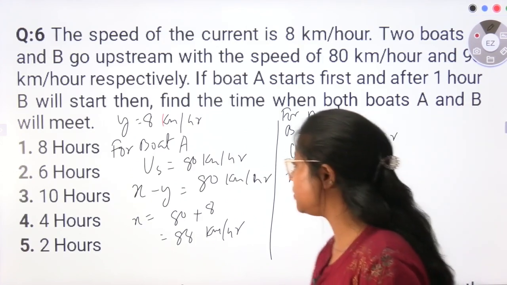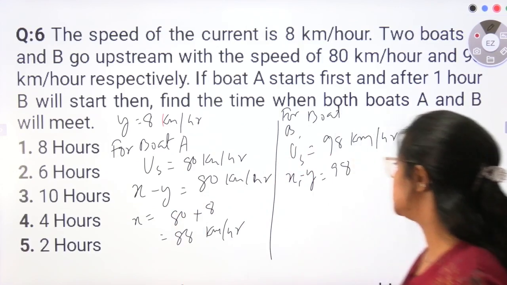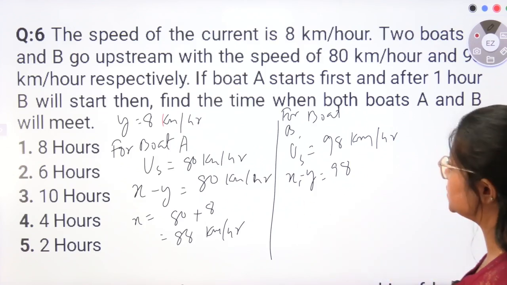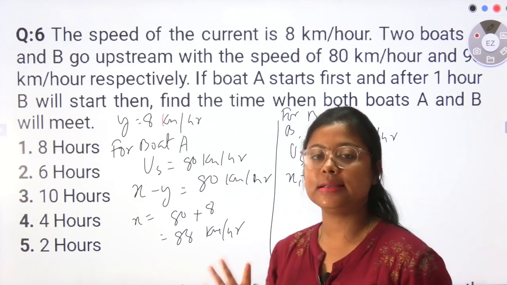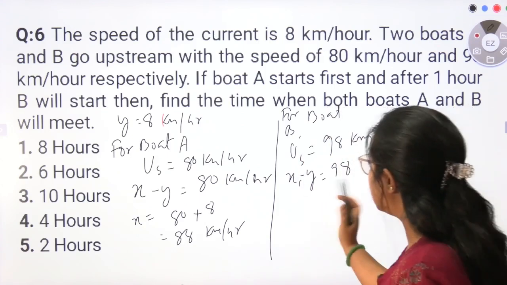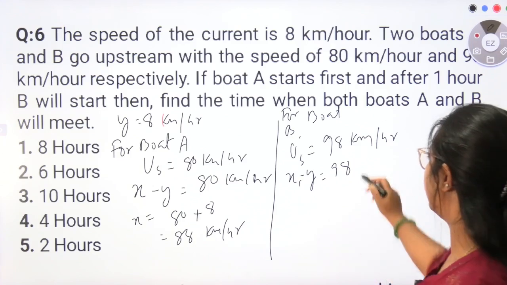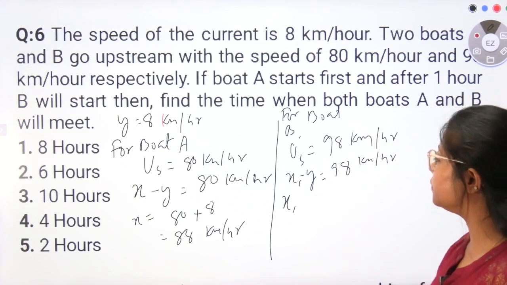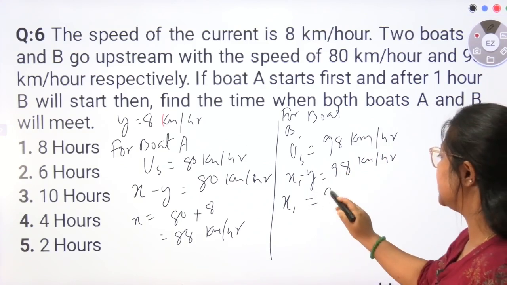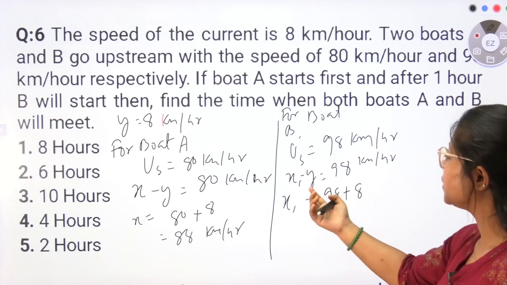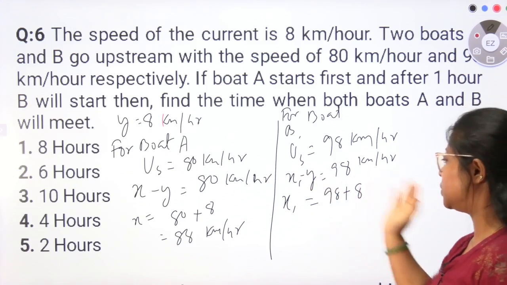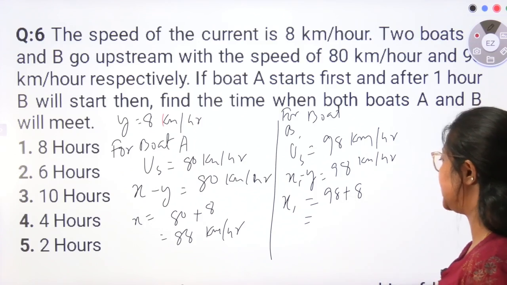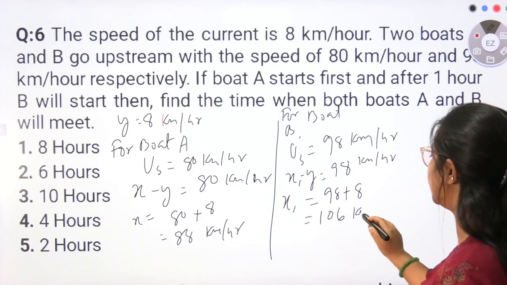Because I've already taken the speed of boat A as x, if I take x1 to be the speed of boat B, then x1 minus y, and the speed of the current remains the same, 8 km per hour. So x1 minus y is equal to 98 km per hour. I will get the actual speed of boat B, that means x1 as 98 plus 8. If I bring this y towards the right hand side, it will get added, and I will get the value 98 plus 8, which is equal to 106 km per hour.